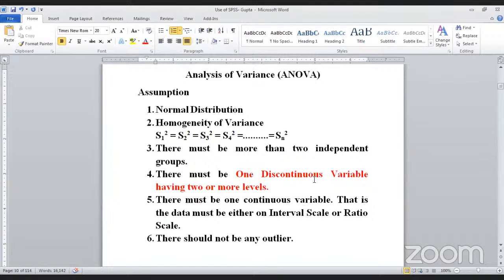So because it is one discontinuous variable having two or more levels, this is called one-way analysis of variance. So therefore, I am now going to tell you about one-way analysis of variance, because there is one discontinuous variable having two or more than two levels.